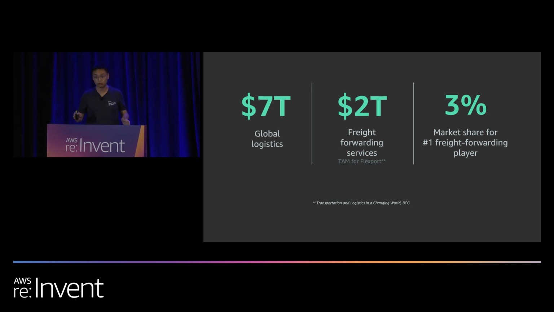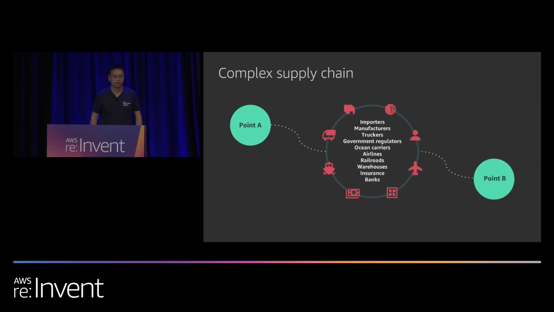We all know that in the internet era the winner takes all, but that's not the case in the freight forwarder industry, okay? And why is that? Because it is super, super complicated, okay? And I will share with you the journey, why it is so hard.